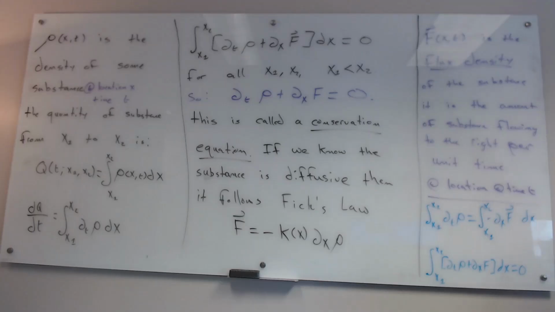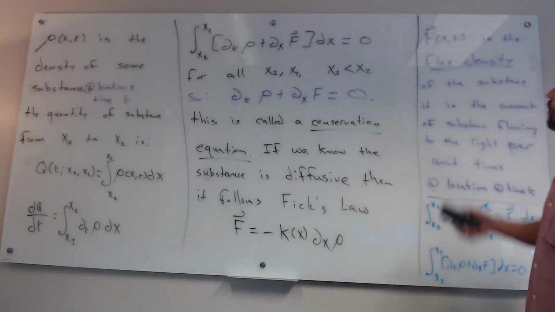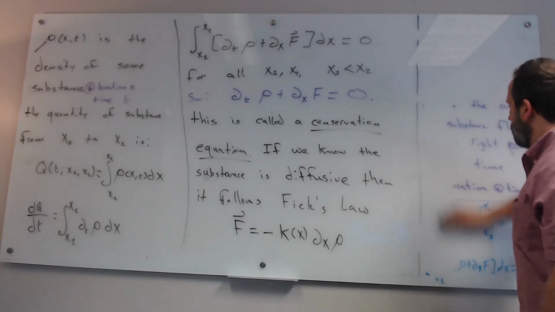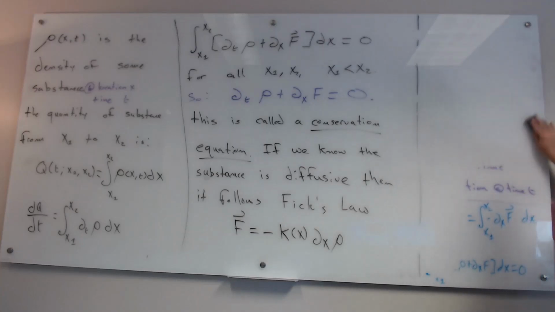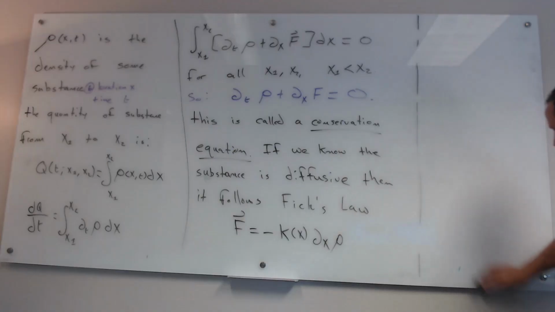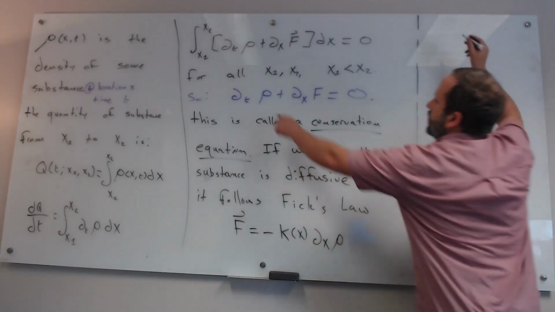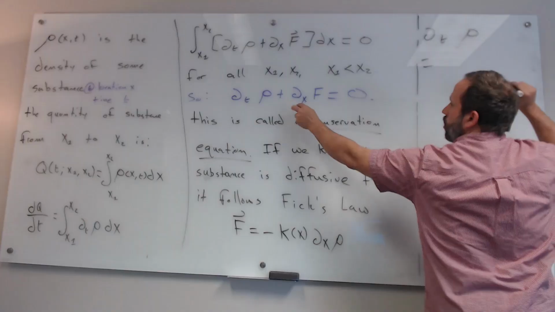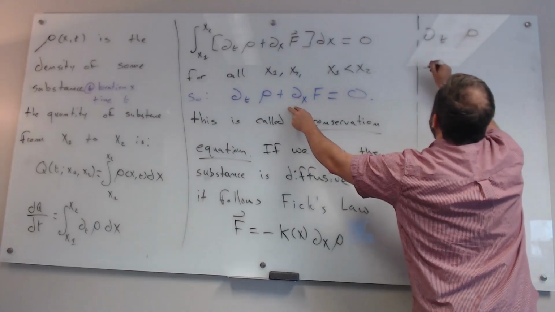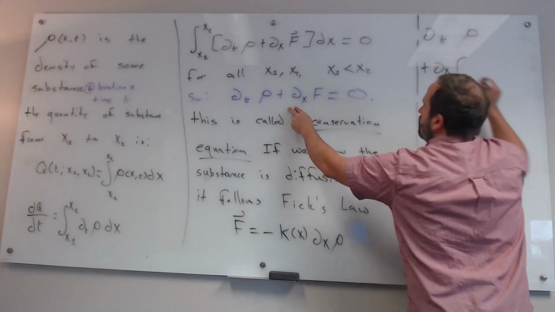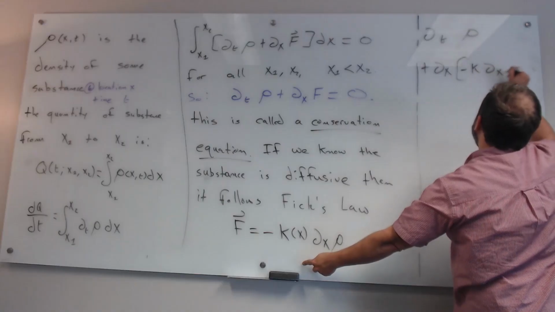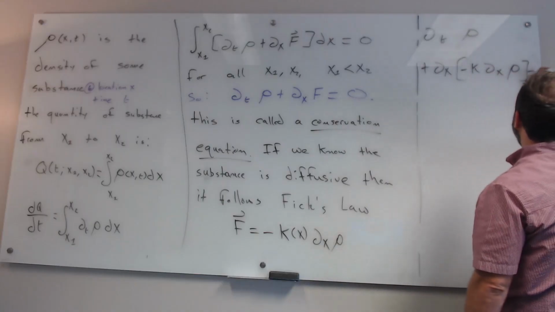Okay, well, what happens if I take my expression for f and just replace it in that equation there? I'm going to get that the t derivative of rho plus the x derivative of f, but f is equal to minus k times the x derivative of rho, is equal to 0.